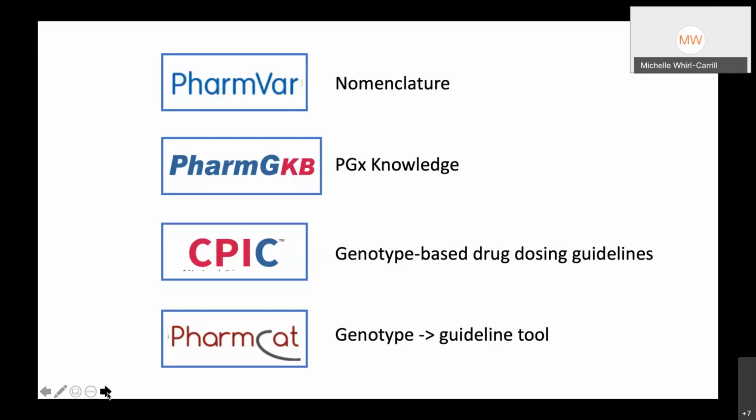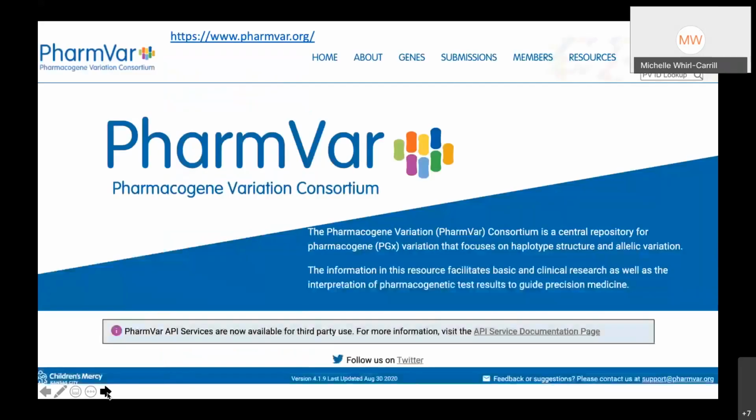So it is able to take a patient's VCF file, so sequencing or genotype data, and then generate a report in the end with CPIC guidelines that are pertinent for that particular person. So that's just an overview of the four different resources, and now I'm going to go into each one step by step. I'm going to start with PharmVar.